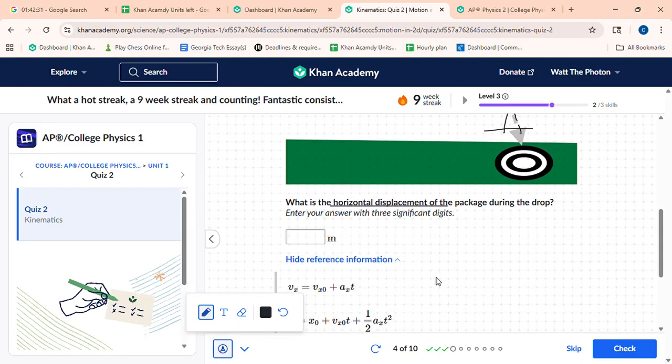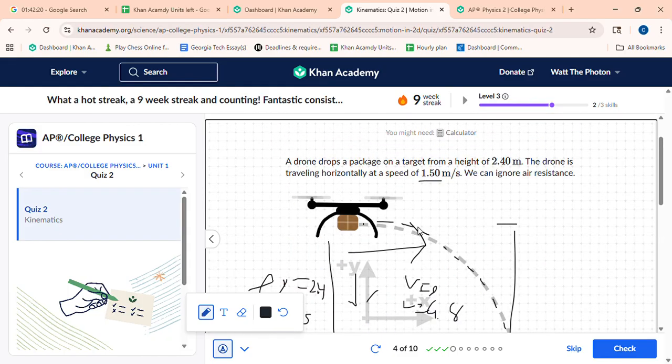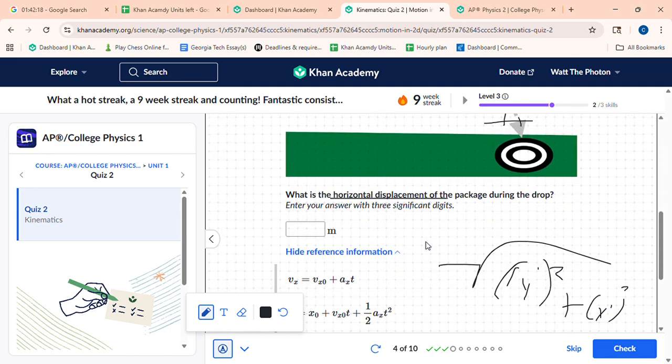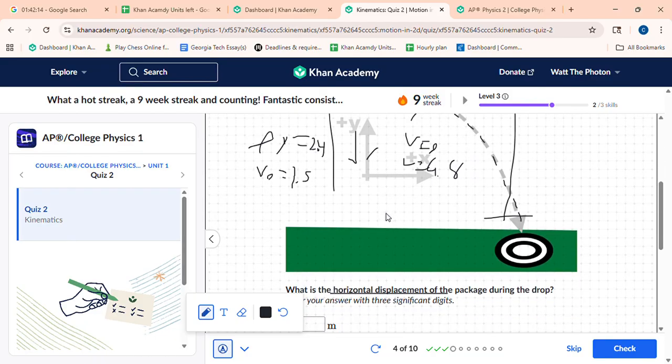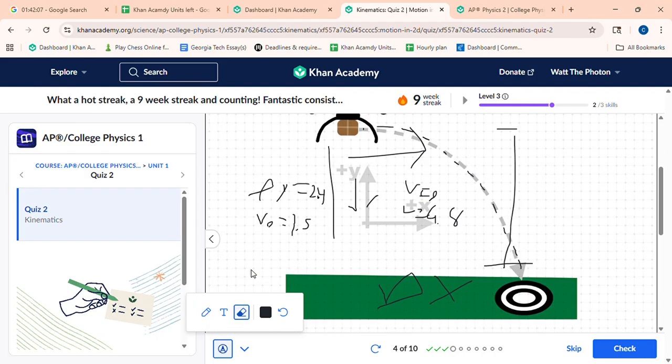So if we're going to find a curve, it would be y prime squared plus x prime squared. Is that what we're trying to find? No, it's just horizontal. So horizontally, what is this delta x? We know that.